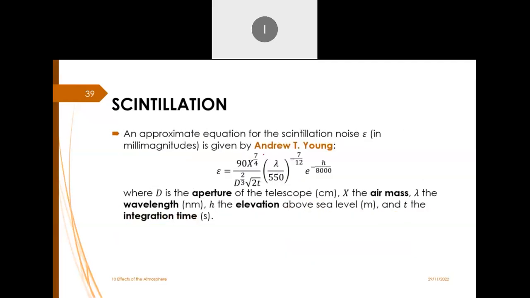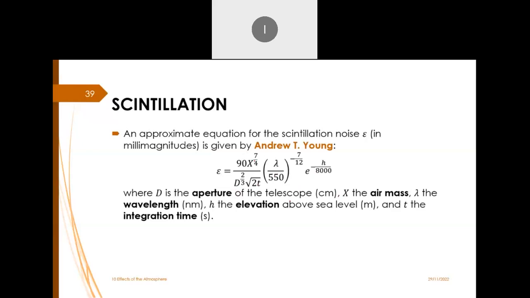Now we see the equation, the Andrew Young equation. It is quite a complex equation. We have an exponent here, and what is D? D is the aperture.